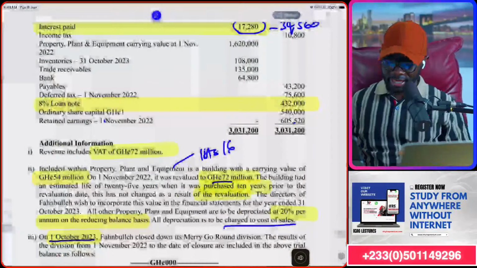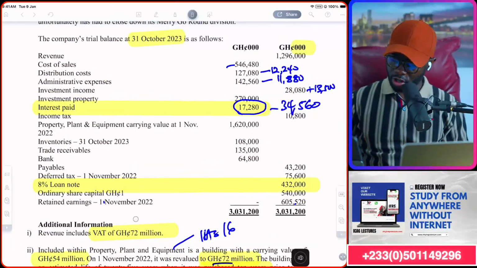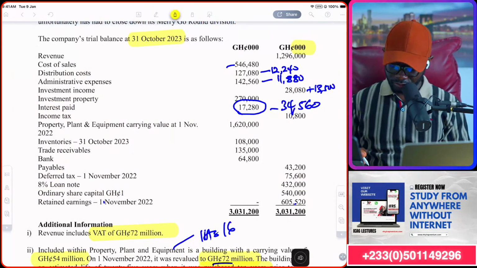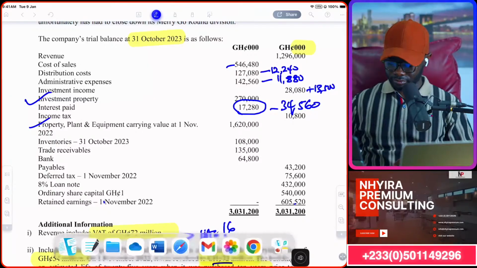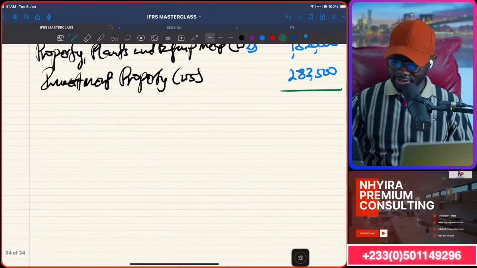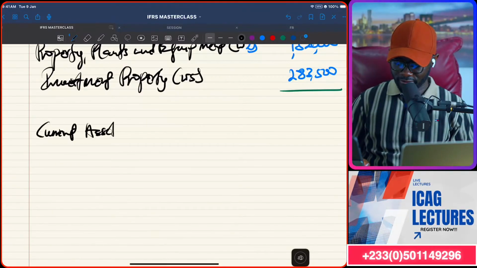Are there any other non-current assets? You want to make sure you've touched on everything that you have to touch on. Property, plant, and equipment, investment property, that's all. So we get a total non-current asset. Then we can bring in the current assets.